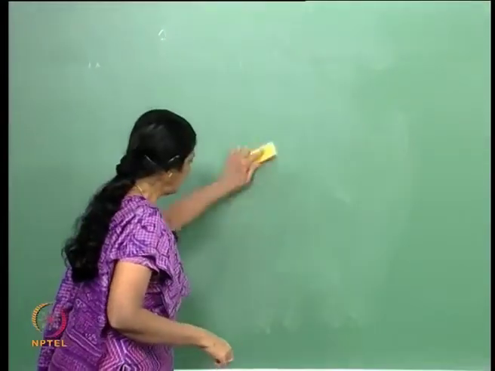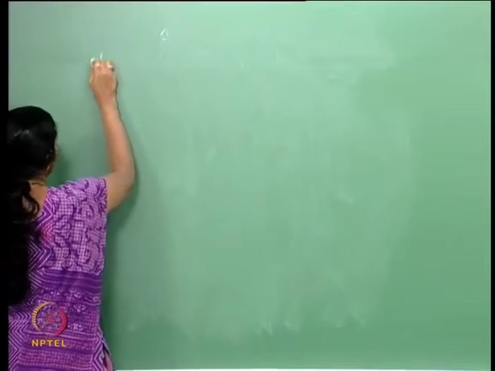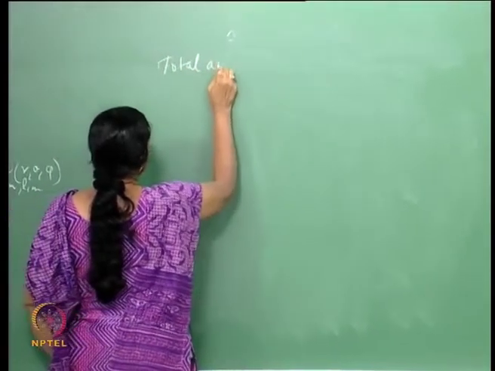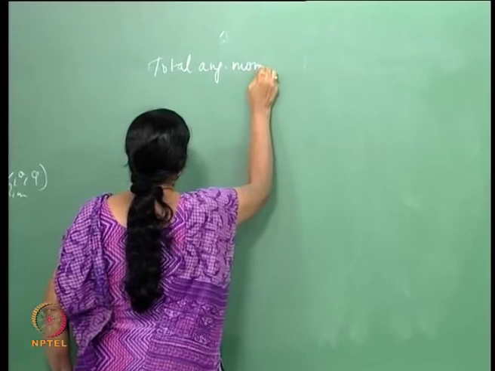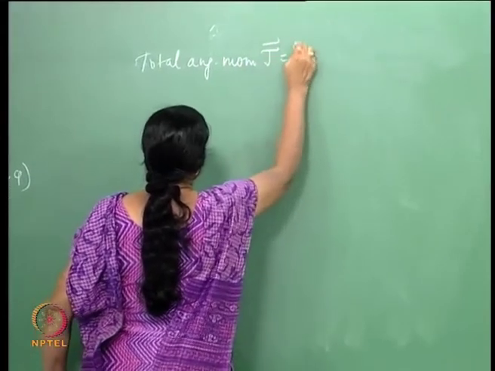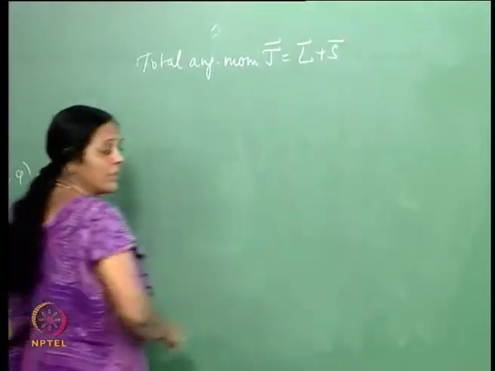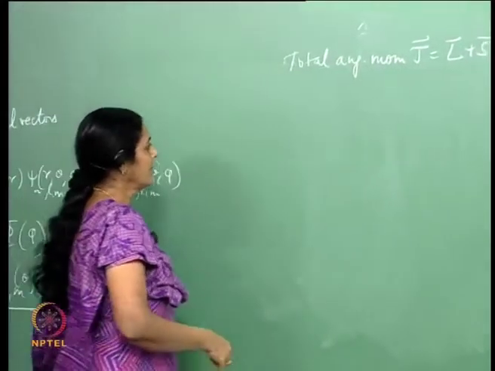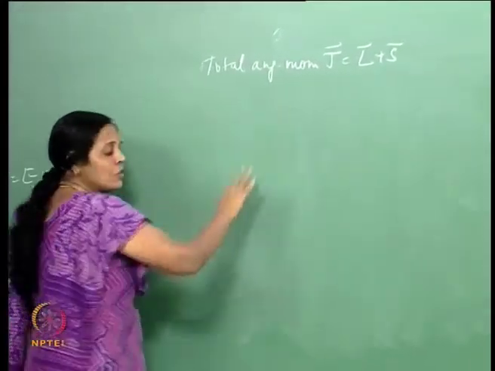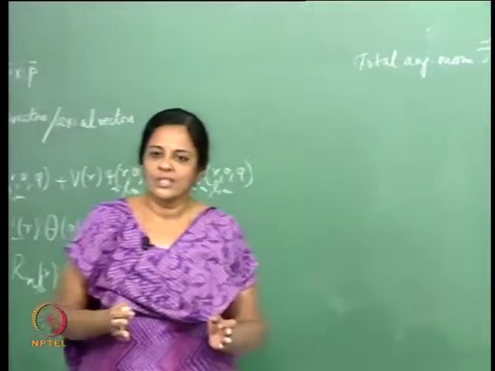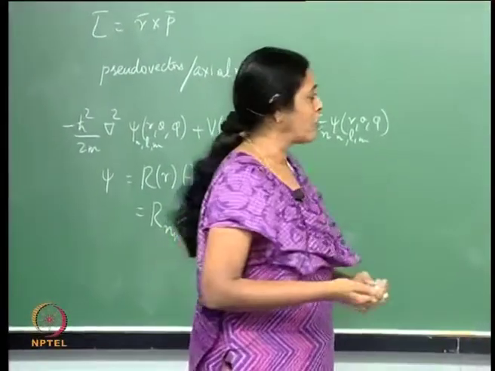First of all, the total angular momentum J is the vector sum of the orbital plus spin. Addition of angular momentum follows the same rules that we had discussed earlier when we spoke about spin.